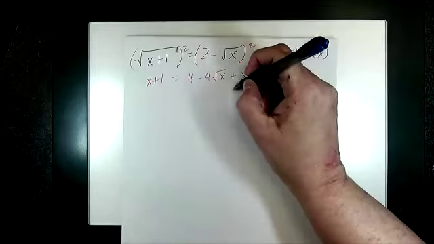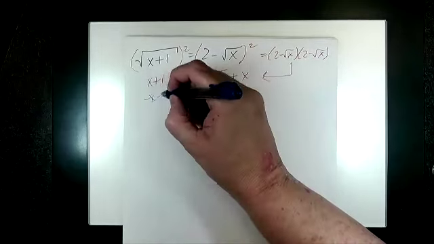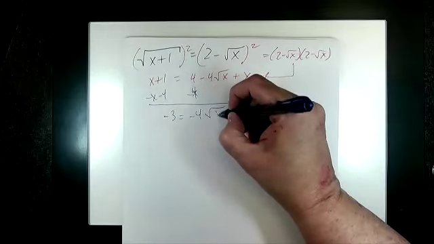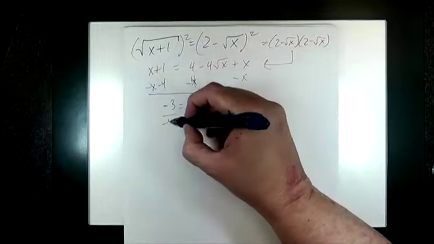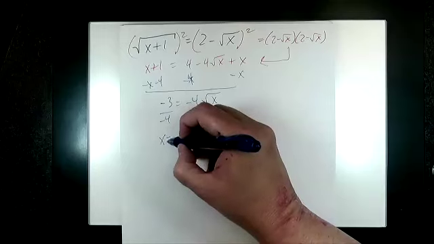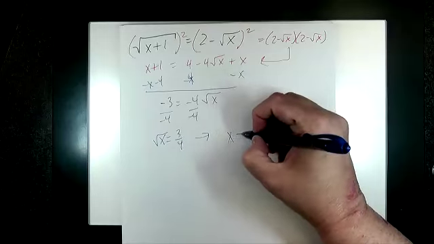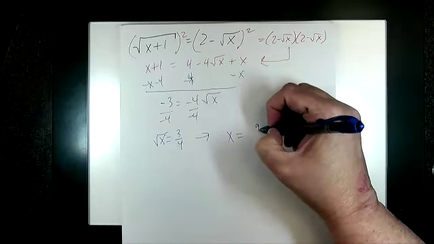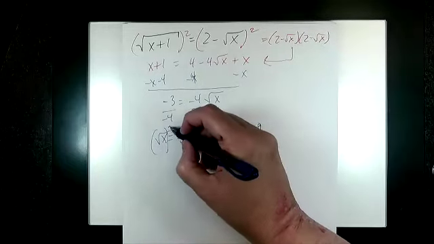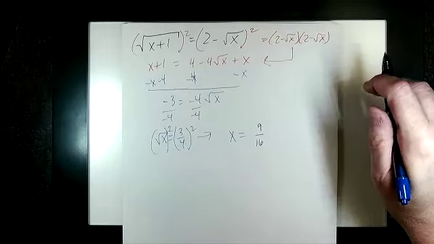So again, we will isolate the radical. So we get x equals 9/16.